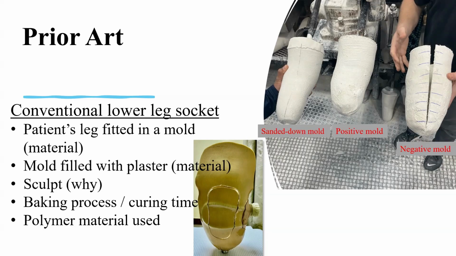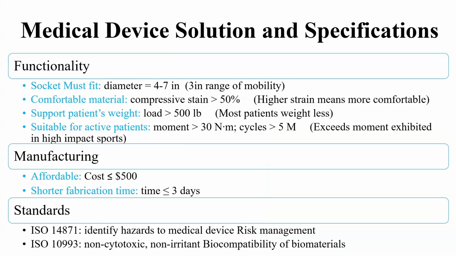The first part is getting the negative mold. Basically, the residual limb is put into a cast, and then you have the shape of the residual limb. Then the same cast is filled with plaster, which is then sanded and sculpted to have the organic shape of the leg. Then the whole thing is wrapped with the material of choice and baked in the oven for a few hours at, I think, 350 degrees Fahrenheit.